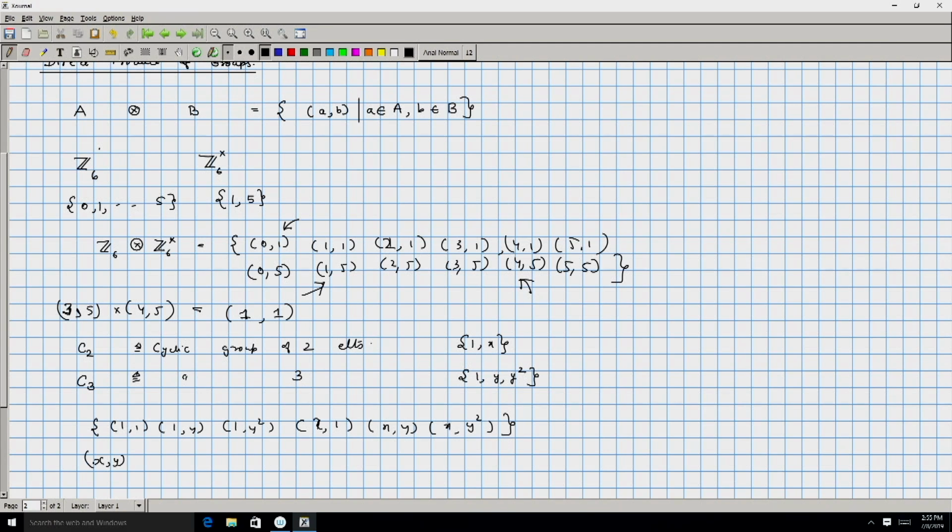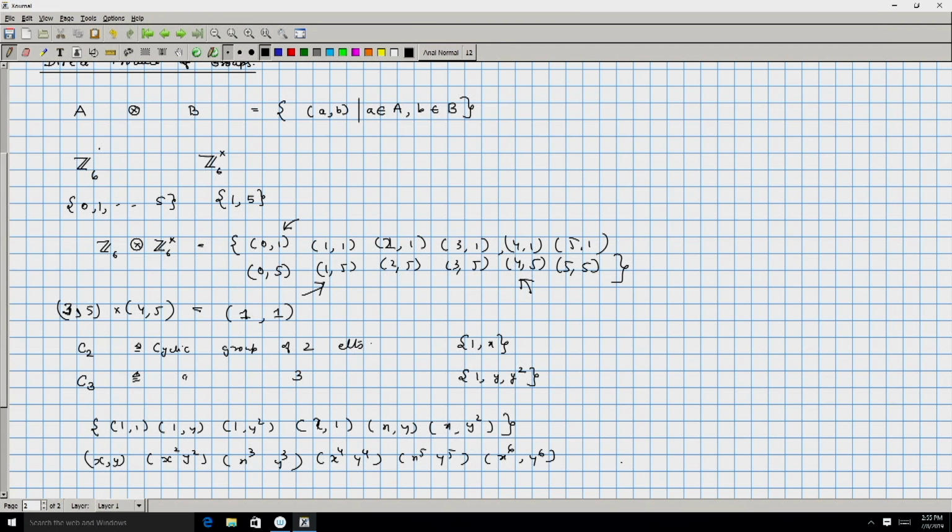You can check the powers of the element xy. That is going to be xy multiplied with xy, so you will get x square y square as the first element, then x cube y cube, x raised to 4 y raised to 4, x raised to 5 y raised to 5, x raised to 6 y raised to 6 and so on.